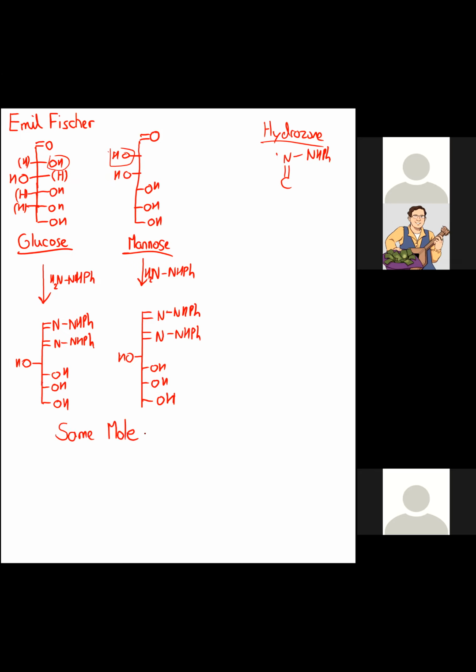So this was groundbreaking, because when he observed this, he realized glucose and mannose are related. These are close molecules. And we're going to go through the mechanism of how this happens. Of course, they didn't have the mechanism, but they knew that you got these adjacent to each other.